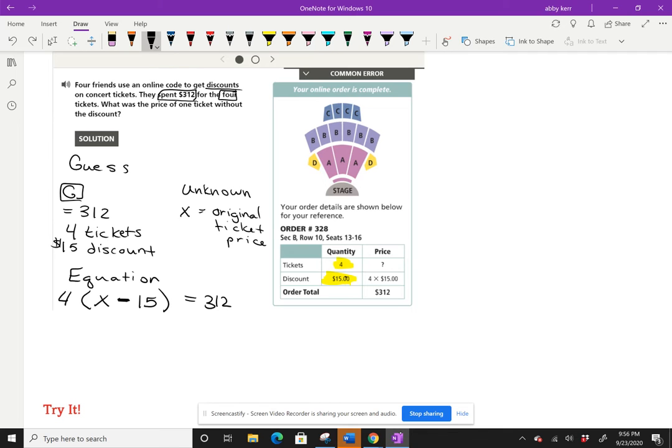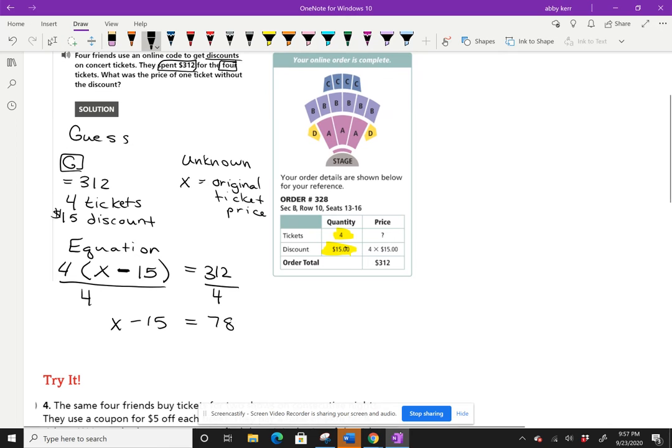You could distribute and then do a two-step, or we can simply divide. Divide by 4 on both sides, and you would get x minus 15 equals the 78, and then add 15 on both sides. So the original price of the ticket was $93.